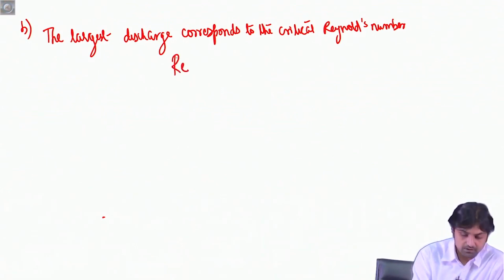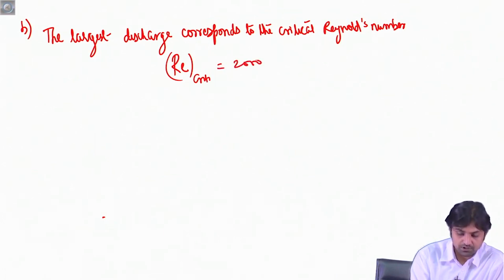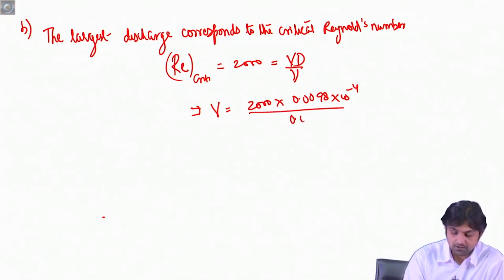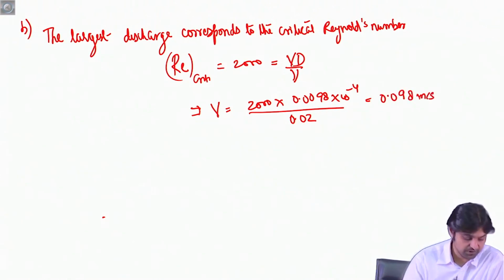Remember, Reynolds critical will be 2000 is equal to Vd by nu, which will give us velocity as 2000 into nu, 0.0098 into 10 to the power minus 4, divided by the diameter 0.02, which gives us 0.098 meters per second.